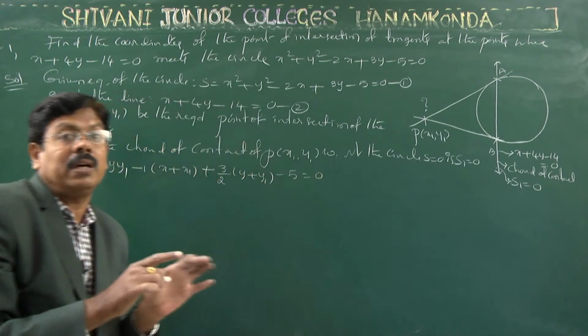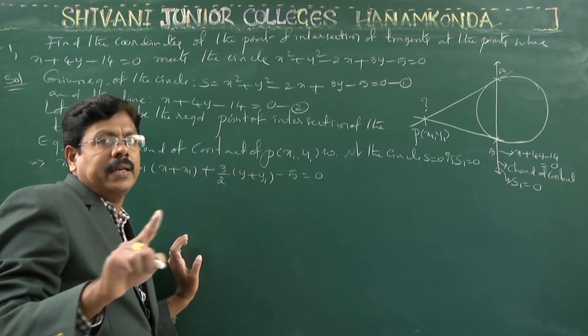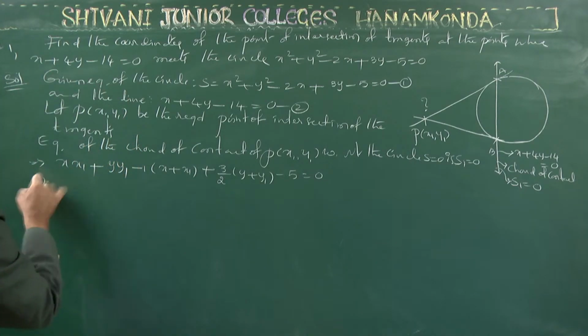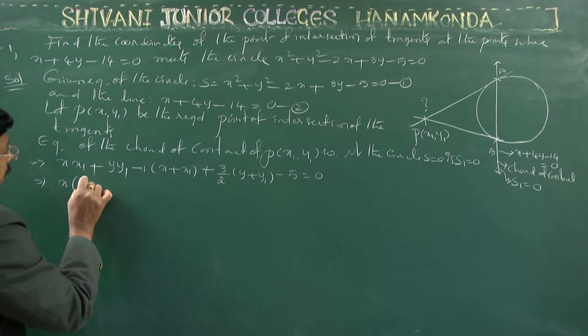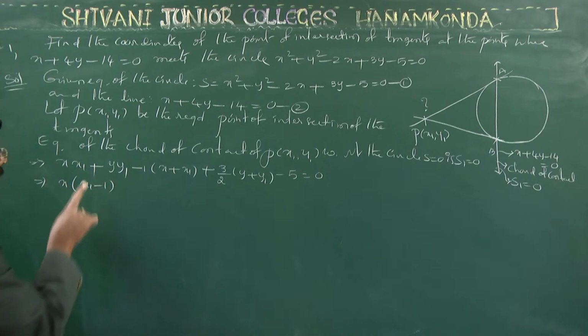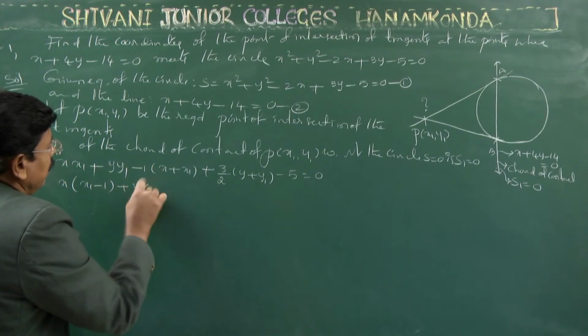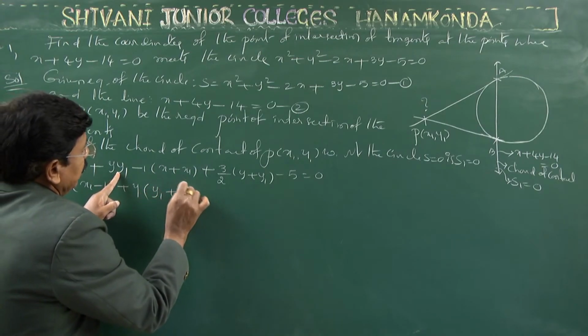Now we prepare the line formation. The general form of the line is ax plus by plus c. Taking x common: x of x1 minus 1. Then y common: y of y1 plus 3 by 2.